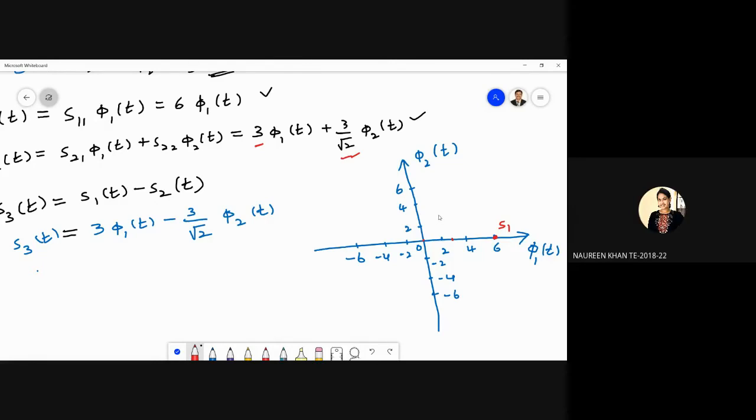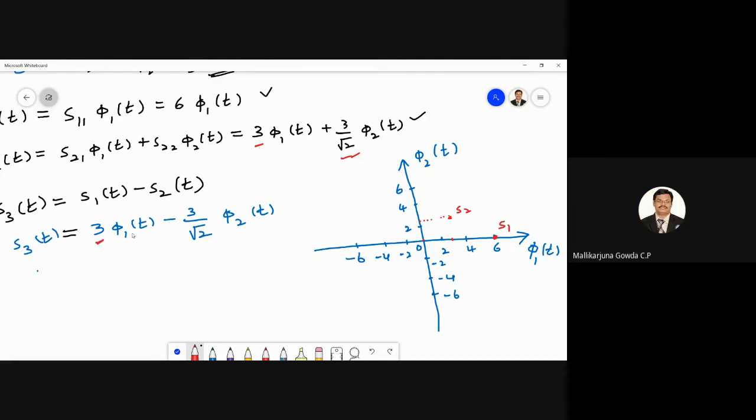So 2.12. So can I take this point as this point? Okay. Is that fine? So 2.12 you are saying. So shall I say this is S2?